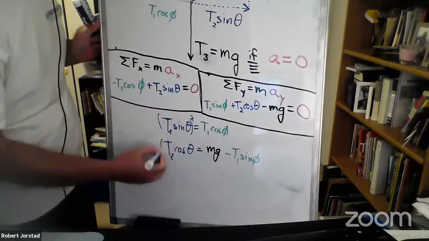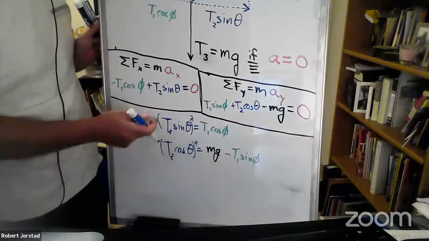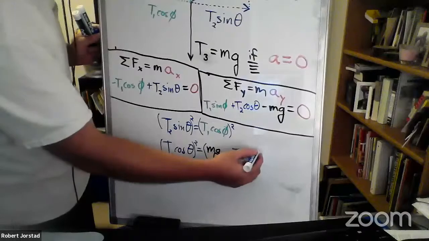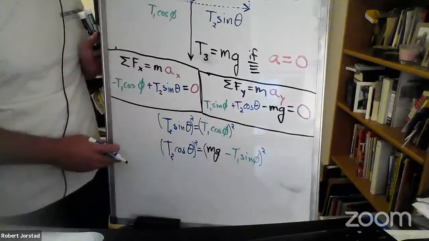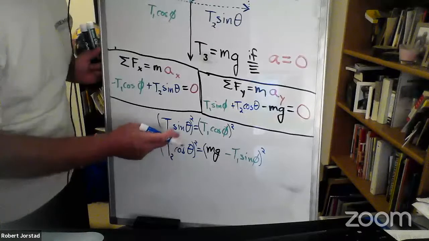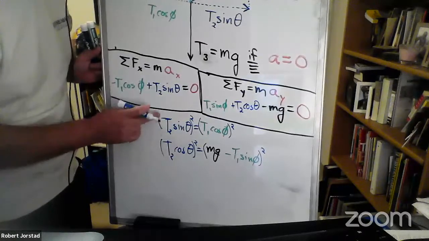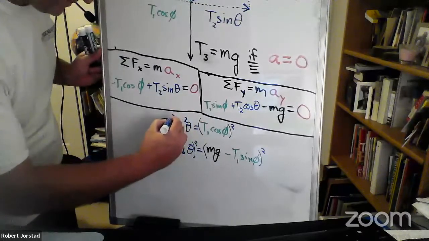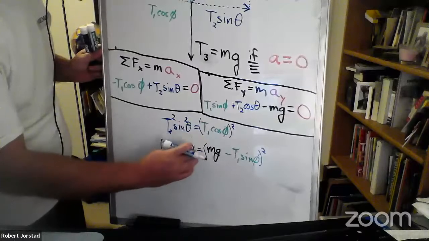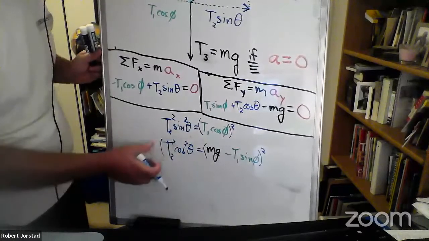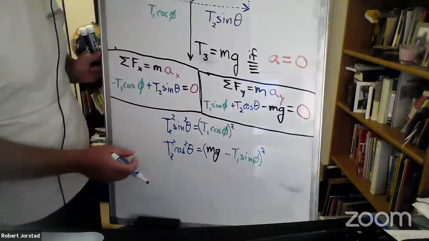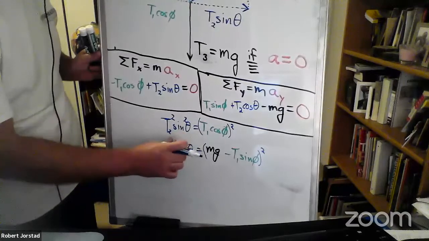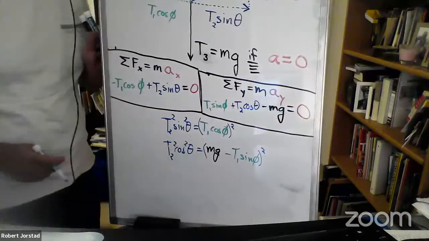Square this. Whatever I do to this side, I have to do to the other side, so I'm going to square both sides. Think carefully. If I square this side, it becomes T2 squared sine squared theta, and T2 squared cosine squared theta.